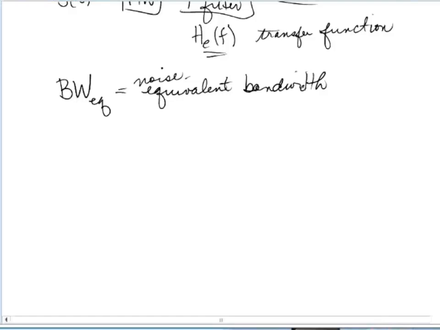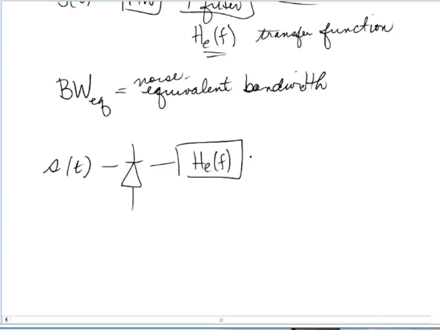In this case, the typical system: our signal comes in, it's a PIN photodiode, it gets filtered by an electrical filter. We have the received signal, which is continuous, and then we're going to sample it. So this is sampling in order to get a decision statistic, which will be based on signal plus some noise.